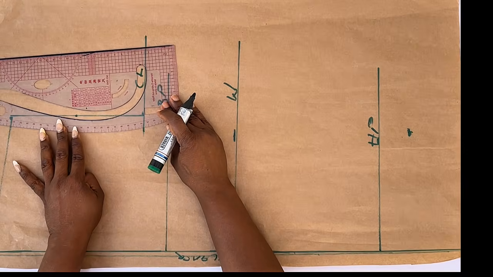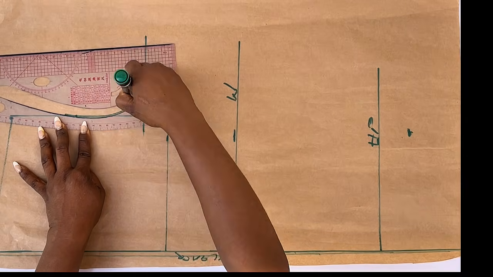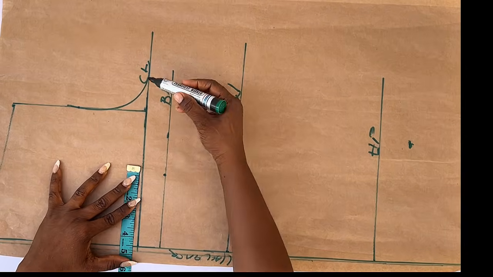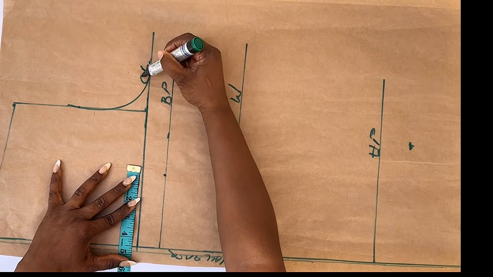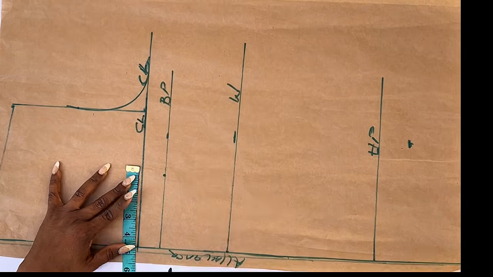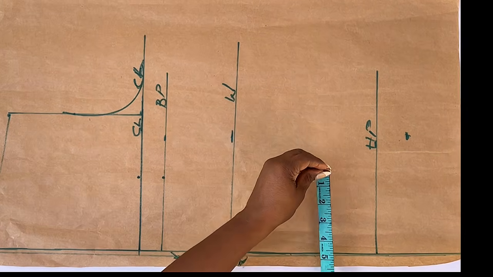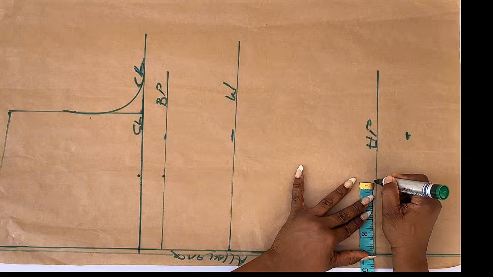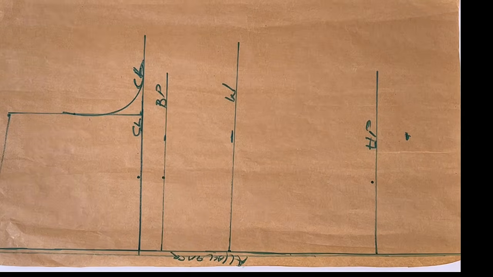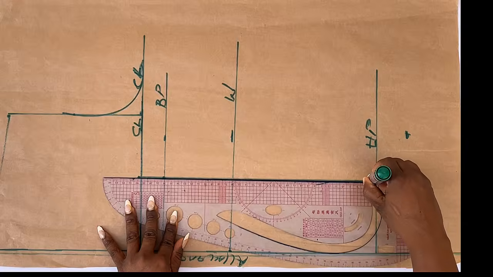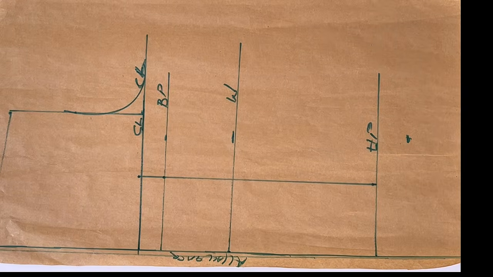So you're just going to curve in your armhole just like so. Then we're going to determine our dart here, but on this back side we're using the chest line, unlike the bust point at the front. Your bust span divided by 2, and you take the measurement. For this one it is 4 inches down to the hip.